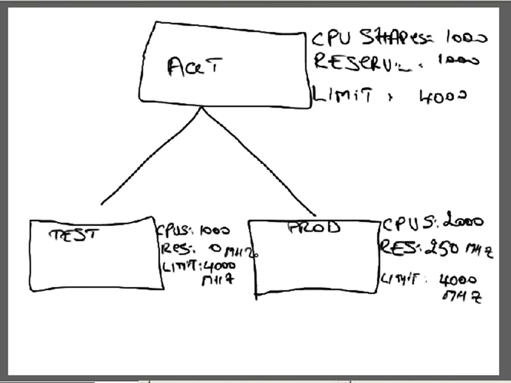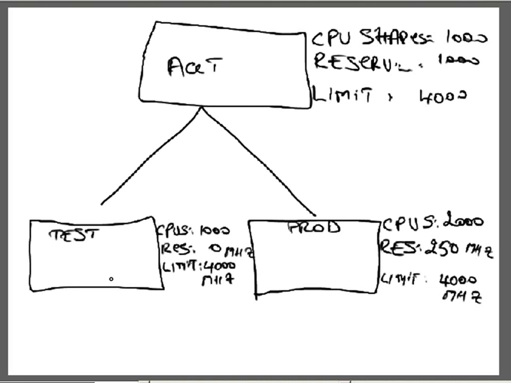So as you can see in this example, we're clearly giving the virtual machines that are in prod the advantage over the virtual machines that are in test. As far as CPU shares are concerned, the virtual machines in prod, the accounting department, are going to get twice the amount of access time to the physical resource that the virtual machines in test are going to get.